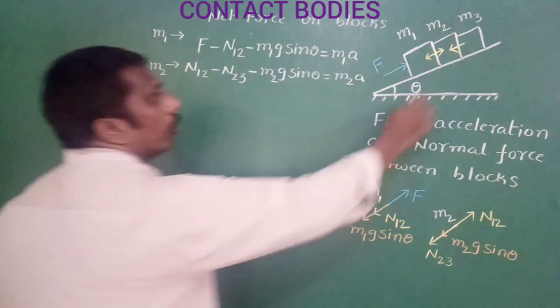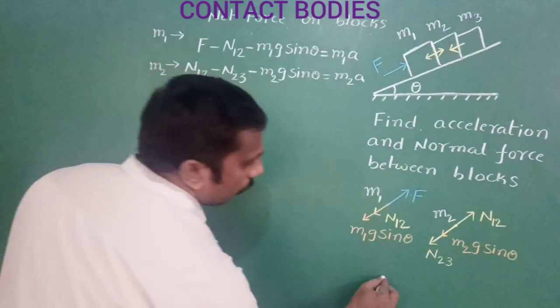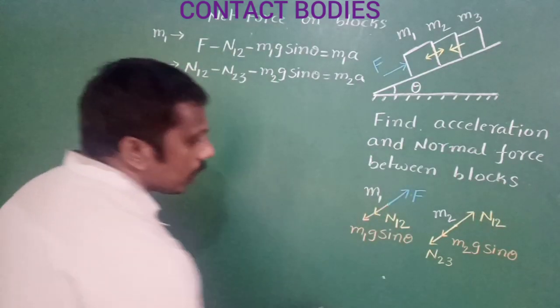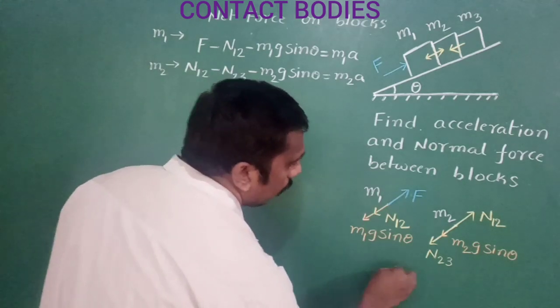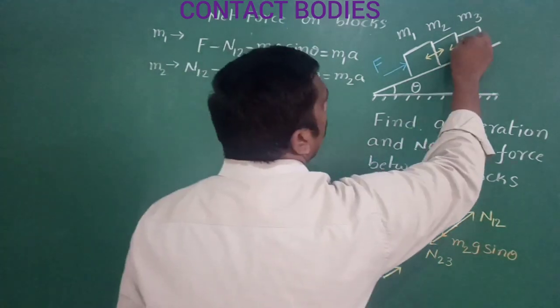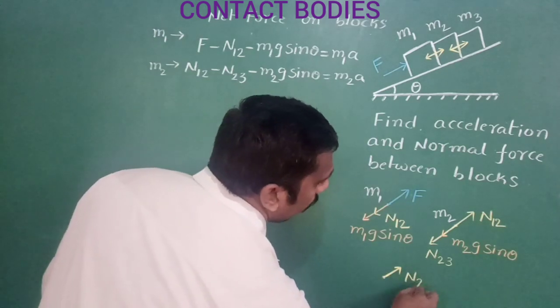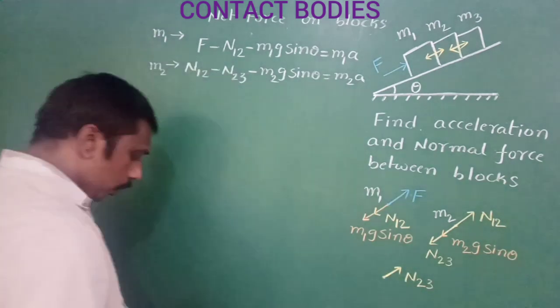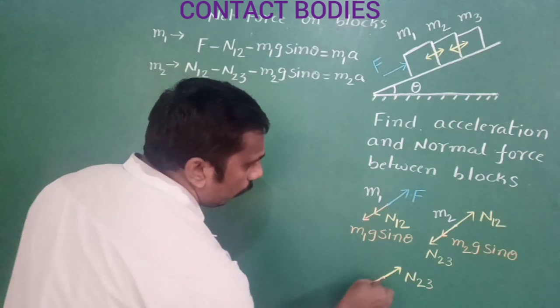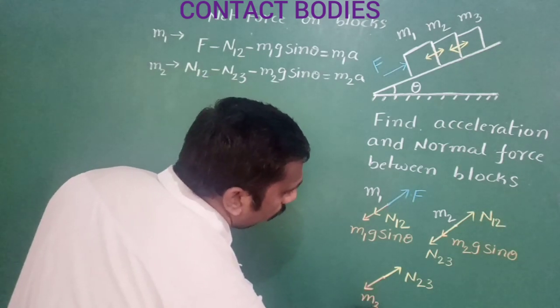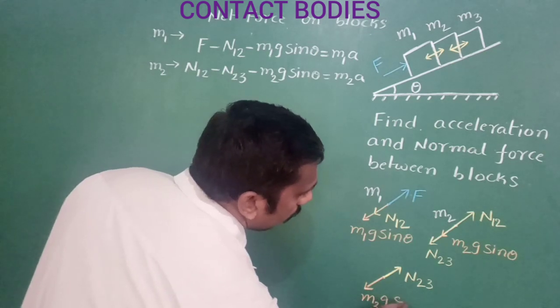Similarly, the free body diagram for block 3. On block 3, one force is acting in the upward direction, that is the normal reaction exerted by block 2, n23, and the weight of this block is acting downward, m3 g sin theta.